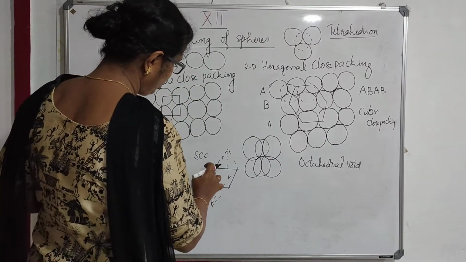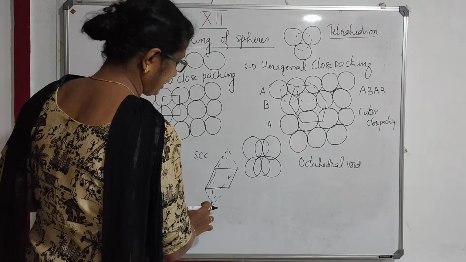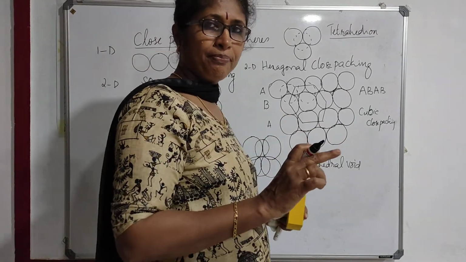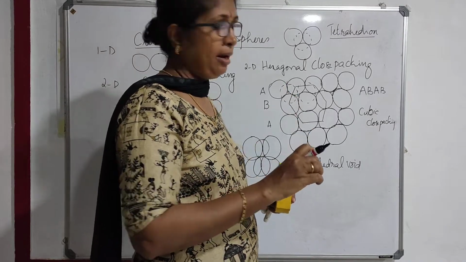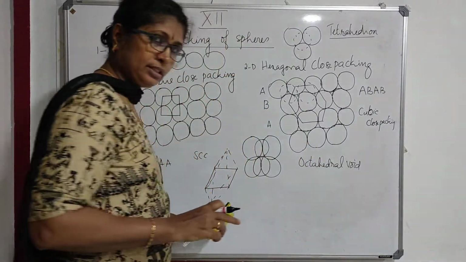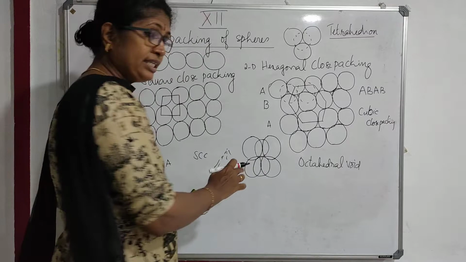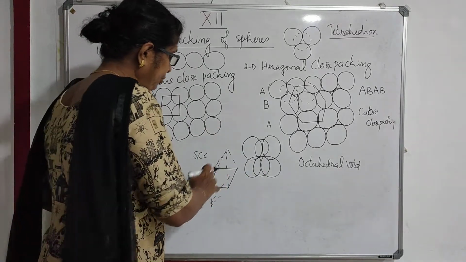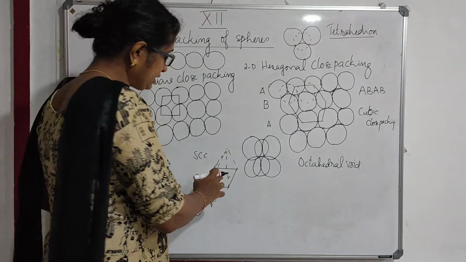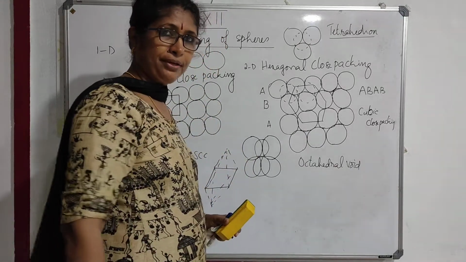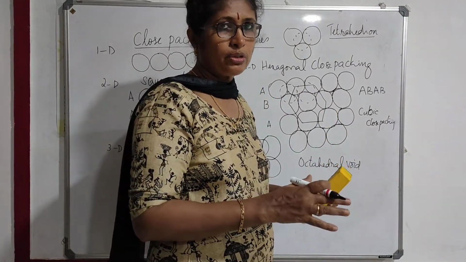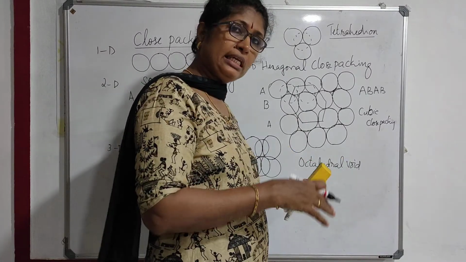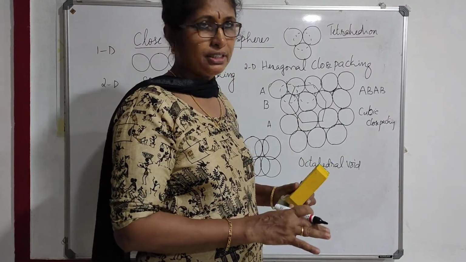So 1, 2, 3, 4, 5, 6. Only 6 corners only. 8 sides are there. That is why it is called octahedron. But only 6 corners. So if you connect the spheres, the centers of the spheres, you get an octahedron. So this is called an octahedral void. So when you pack like this, close packing, you get both tetrahedral and octahedral voids.